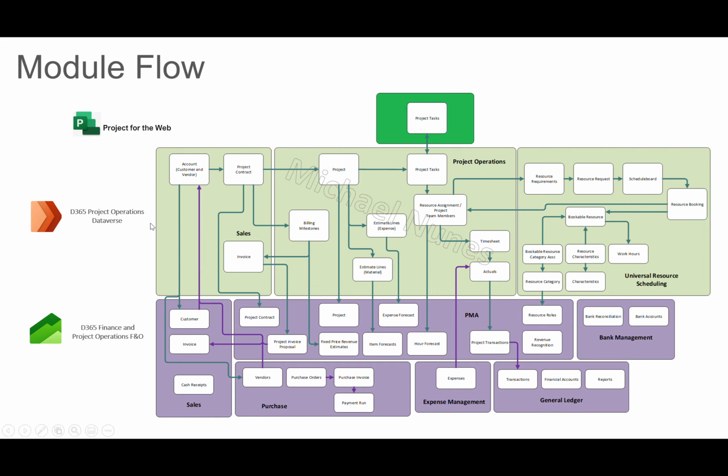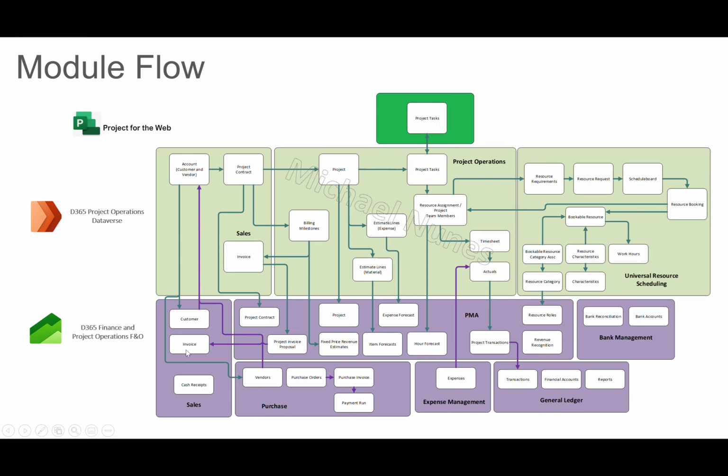But if you look at the background boxes there, these are the different areas that we have and modules in the actual product itself. So if we look, we have the sales module, we have project operations with its own tables, and we have the universal resource scheduling, which is shared by field service and customer service. Project operations has its own tables, but it extends and uses the other areas of the Dataverse.